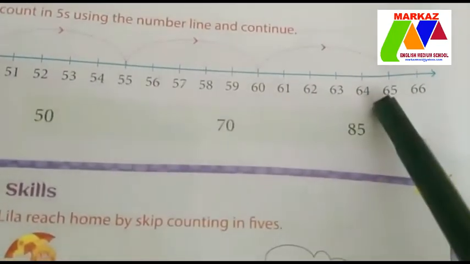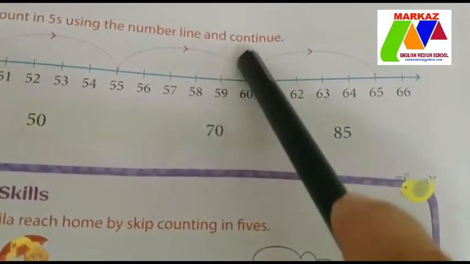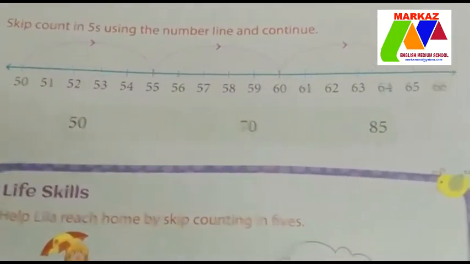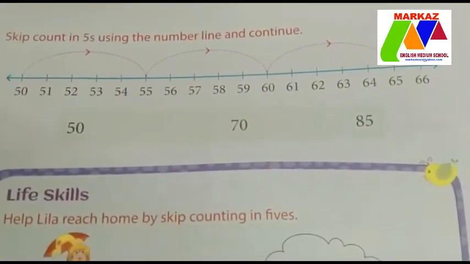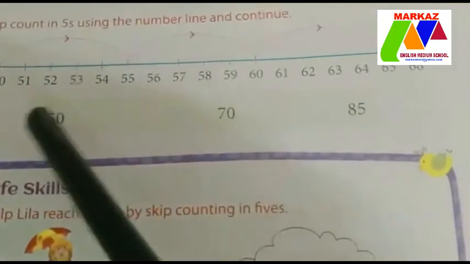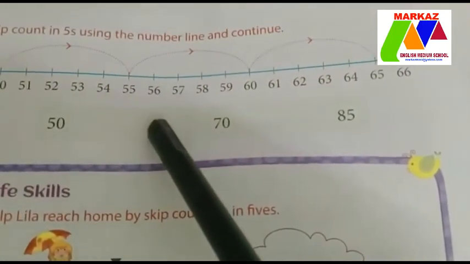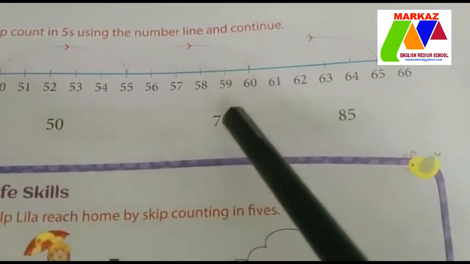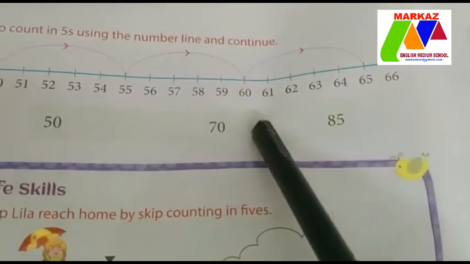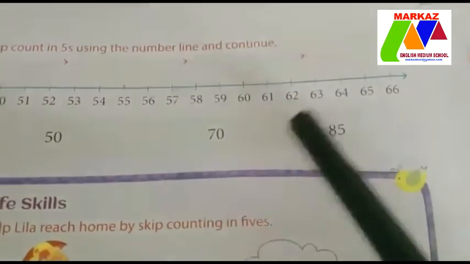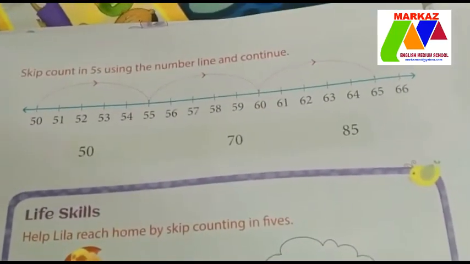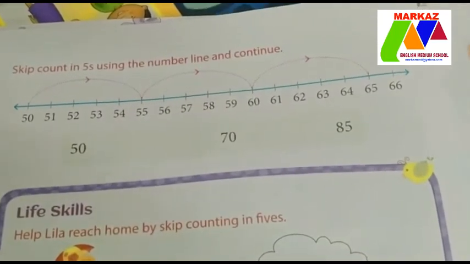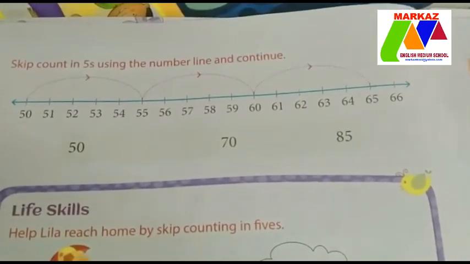Then we skip how many numbers? 5 numbers, 65. All of you clear? 50, 55, 60, 65, 70, 75, 80, 85. This is the method of skip counting using number line. Okay.